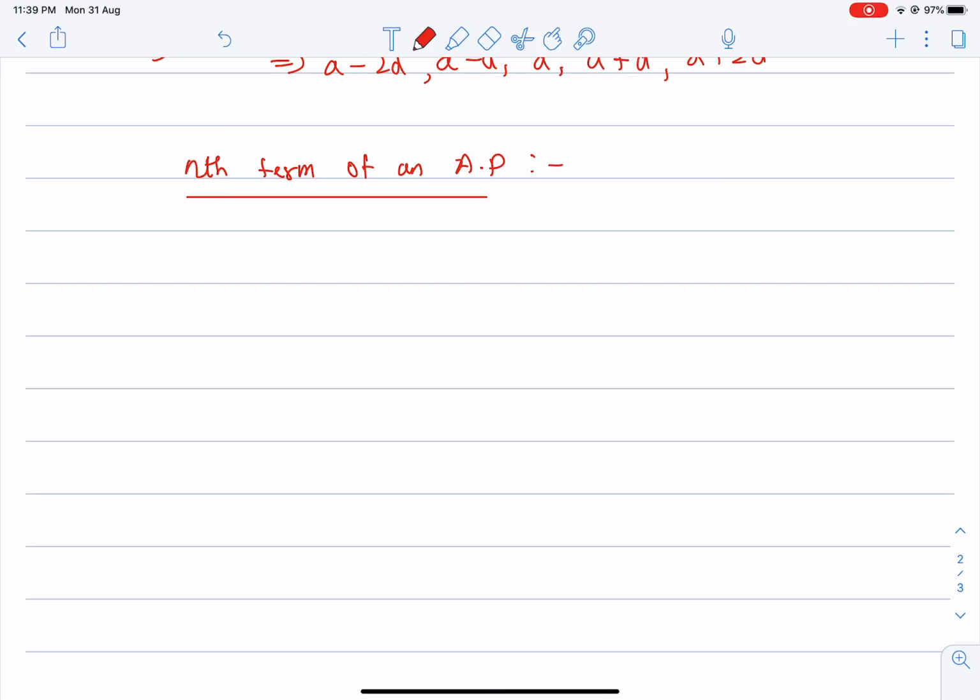If you see a series a, a plus d, a plus 2d, a plus 3d, it goes on up till a plus n minus 1 into d. Why n minus 1, you may ask? You can see that the first a doesn't have a d, it doesn't have a common difference. Thus n minus 1. Thus your nth term you can write as a plus n minus 1 into d.